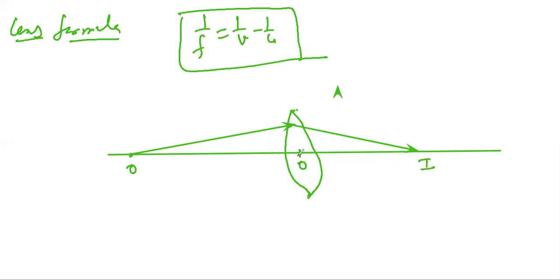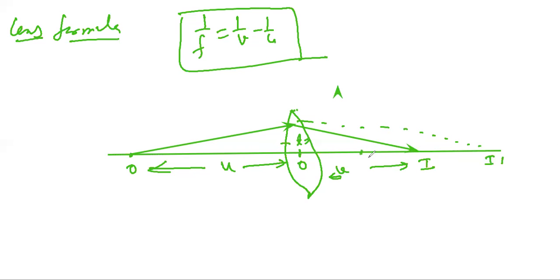Object is this, image will be fixed. So object distance means u, and image distance means v. You see there are two spherical surfaces and the thickness of this lens is d. Suppose this surface is not present, its image will form here, at I dash. In the presence of this, the I dash image is formed at I.